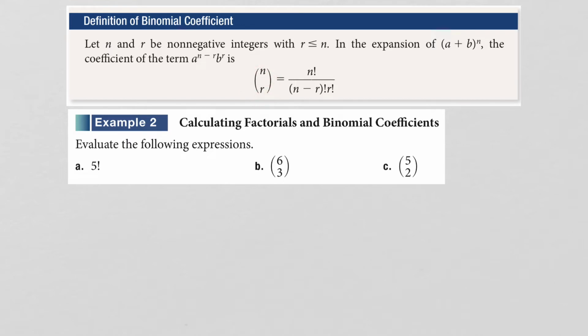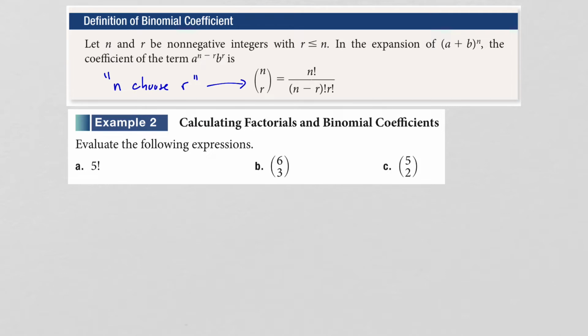You don't need to know that, but this is called a combination. And the way we pronounce this is we say n choose r. Okay, that's how we say that. And n choose r is defined to be n factorial divided by n minus r factorial times r factorial.